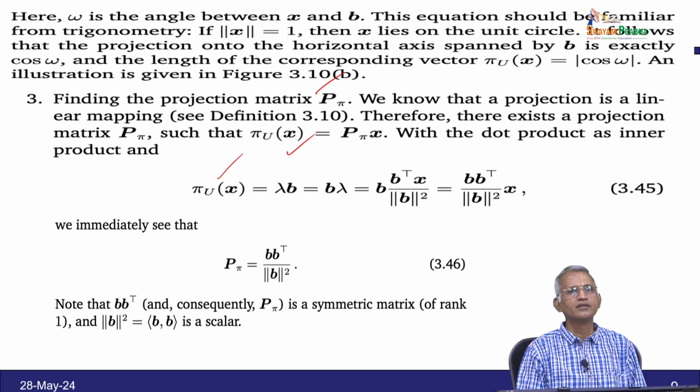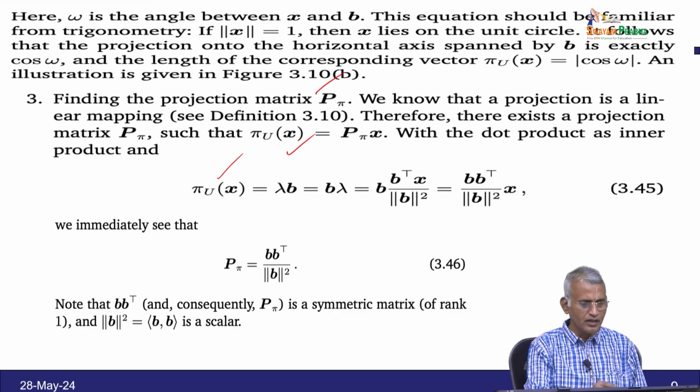Now, we can substitute lambda is equal to b transpose x by norm b square, and then b into b conjugate, and b into b conjugate into x by norm b square. So, the resultant of this one is P pi is equal to b b conjugate by norm b square.